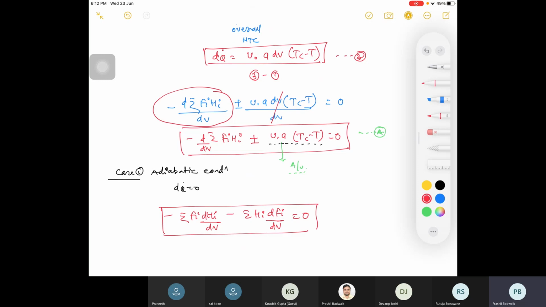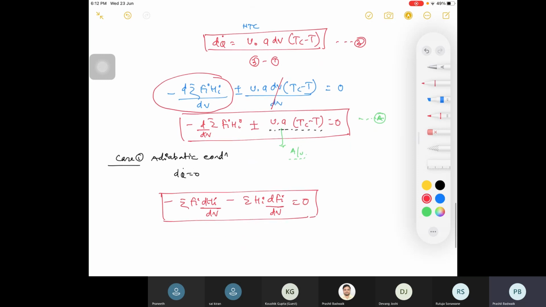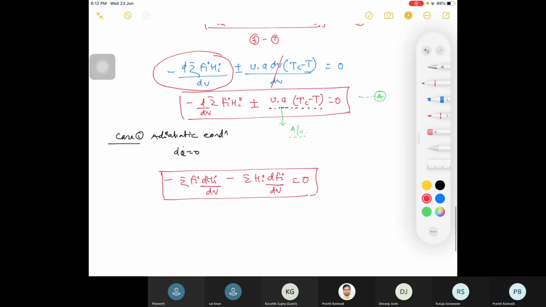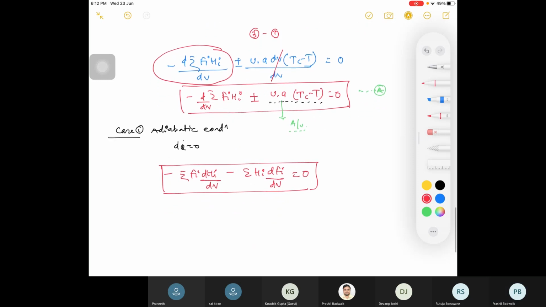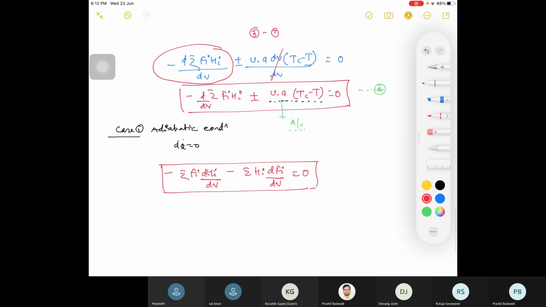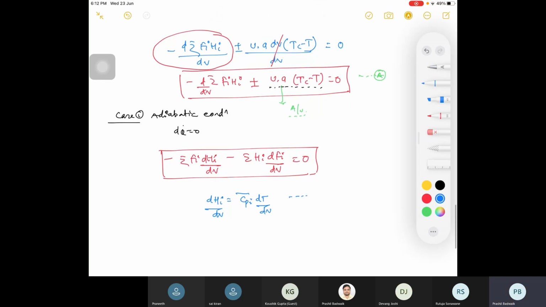Even I have given you a hint what kind of equation you are getting at the end, just at the starting. What is your dHi from previous class? dHi is your Cp mean into your dT, right? Divided by dV, you will get dT divided by dV. Equation 4.